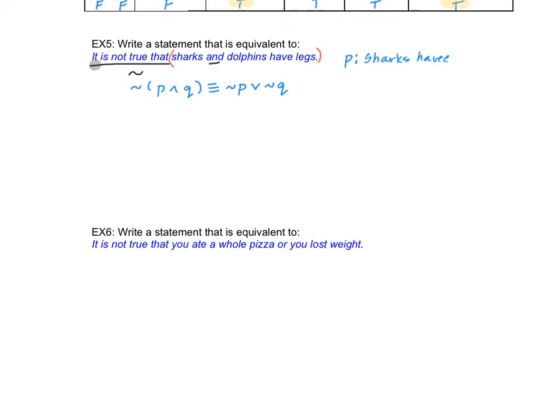Okay, so Q is going to be dolphins have legs. Now I know what P and Q are, so it's easy for me to translate not P or not Q. I could see that it would be sharks do not have legs or dolphins do not have legs.